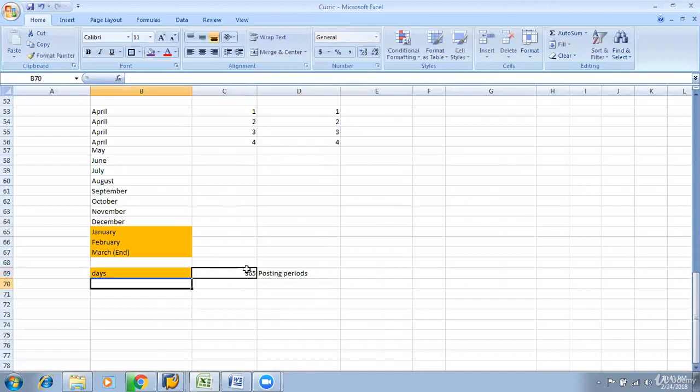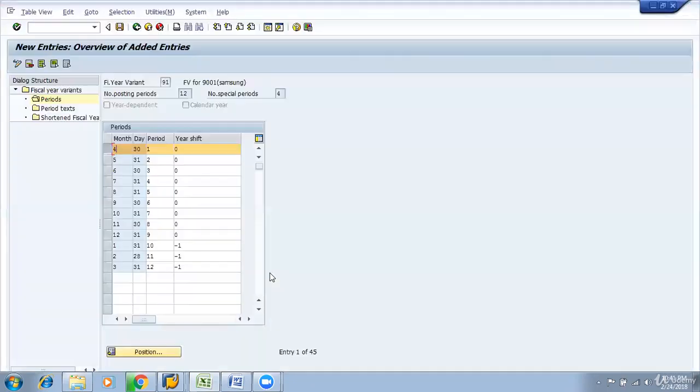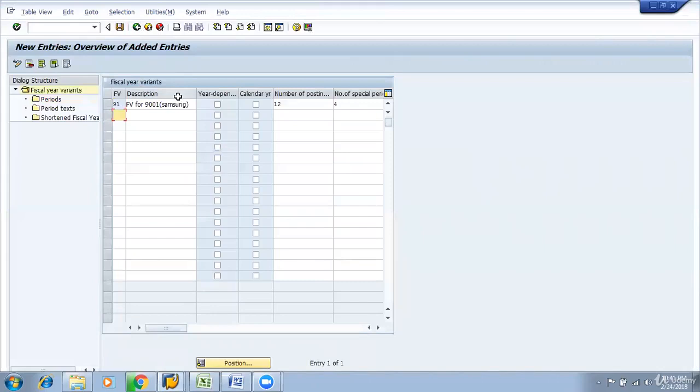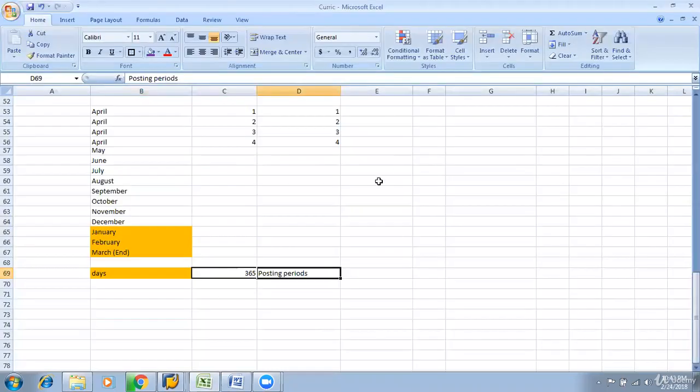Clear? So this is the reason why this posting period field can accept 3 digits. Now you may question that the maximum posting periods we can practically maintain are 365 or 366 depending on the leap year.